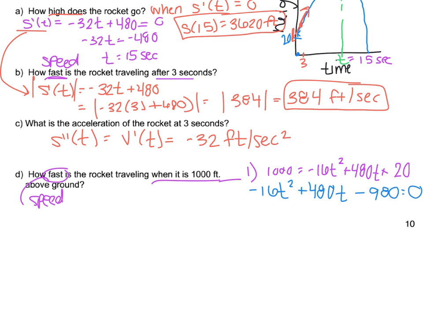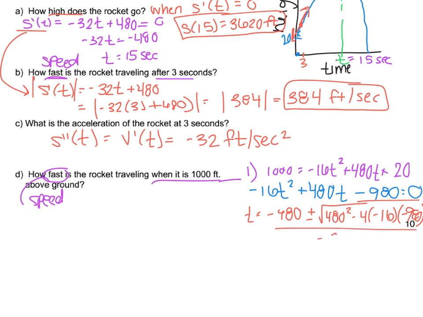For that, we will rely on the quadratic formula. So t will equal opposite b, so negative 480 plus or minus the square root of b squared, so 480 squared minus 4 times a, which is negative 16, times c, which is negative 980. So these are going to be large numbers, all over 2a, which is negative 32.